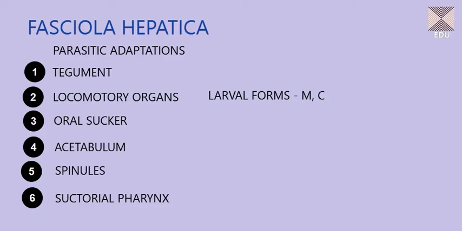When we discussed the digestive system of Fasciola hepatica, we discussed a muscular pharynx. This pharynx has a number of radial muscles which, when they relax, can suck in the food. That's why it is called a suctorial pharynx. This is a very good morphological adaptation in Fasciola.